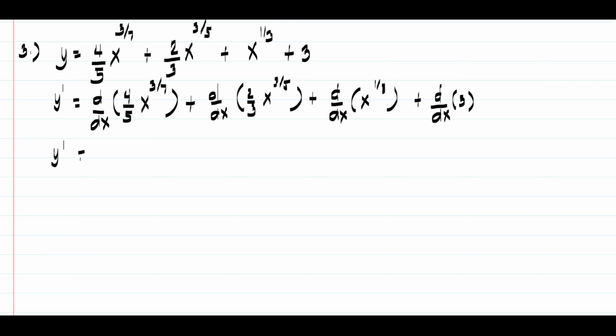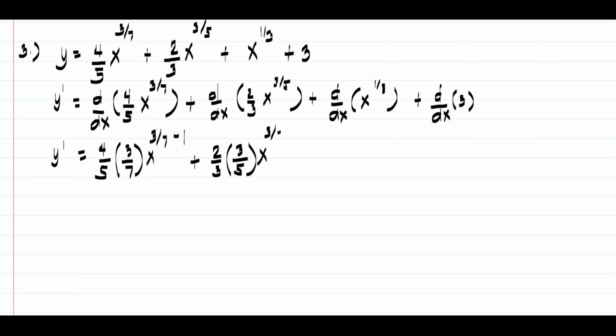We have y prime, and let us multiply 4 over 5 by 3 over 7. So we can write this one as 4 over 5 times 3 over 7 x raised to 3 over 7 minus 1 plus 2/3 times 3 over 5 x raised to 3 over 5 minus 1 plus the coefficient of x is 1.